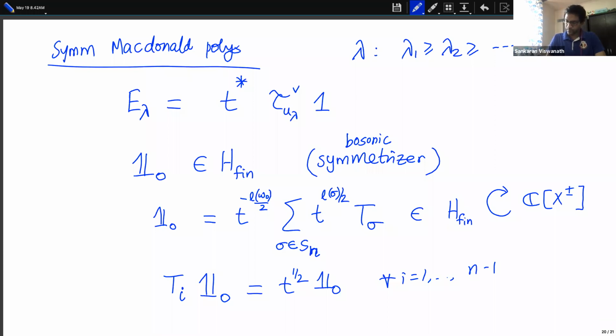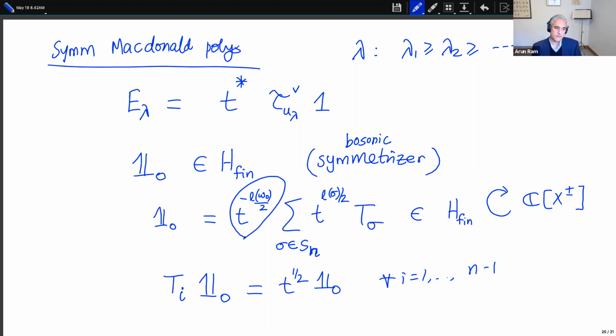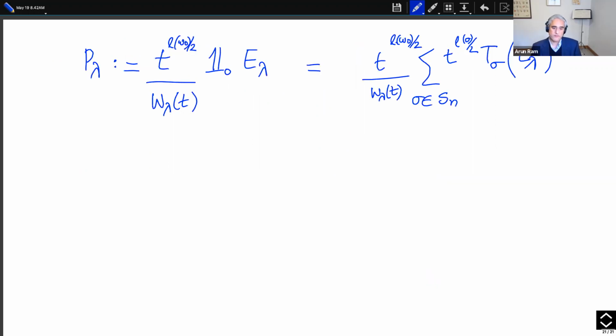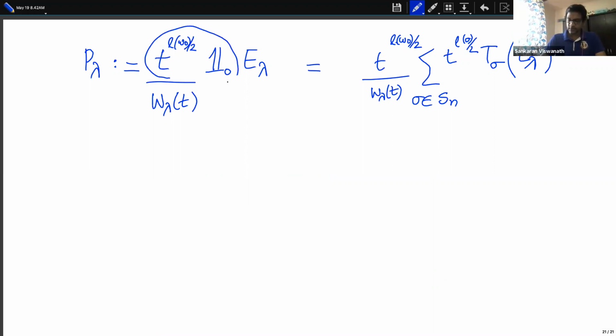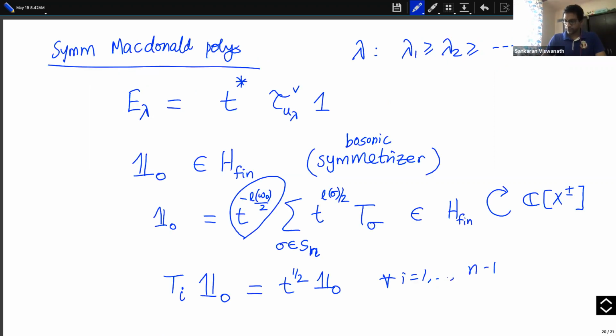Only to match the normalizations of Macdonald. Okay, that Macdonald has, I see. So if you wish, here this t to the L lambda by 2 is just, essentially, without that term, if you wish.